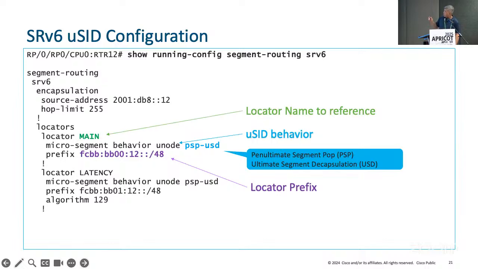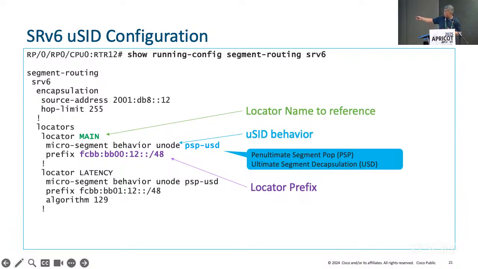Okay, in order to define SRv6, you need the configuration in the IGP. The IGP will have every locator defined. So for example, we have the main locator for the short IGP path, and we have another locator for the latency path.